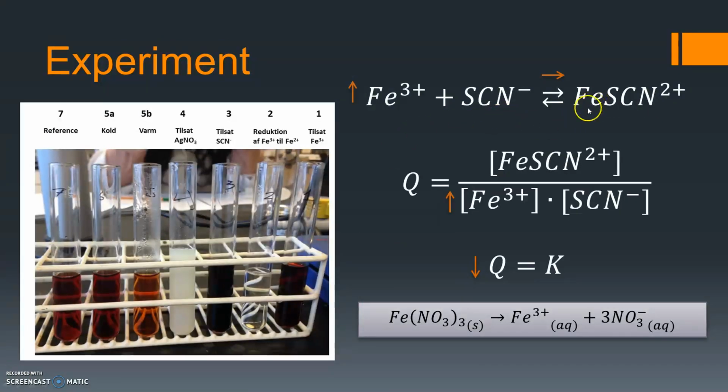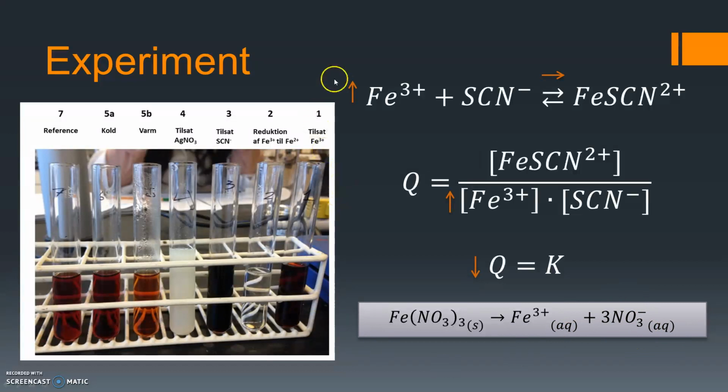Right, so I mentioned that the iron thiocyanate ions could be seen as a red colored precipitate in the solutions over here. And here in the first test tube we added some iron nitrate to the solution in solid state, and when it came into solution it split up into iron plus 3 ions and nitrate ions.